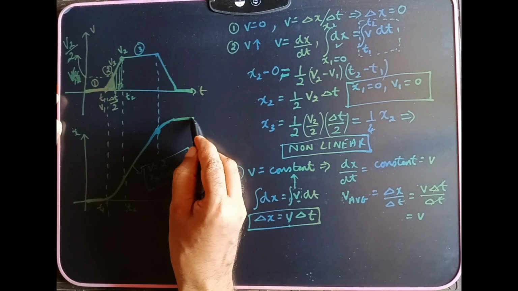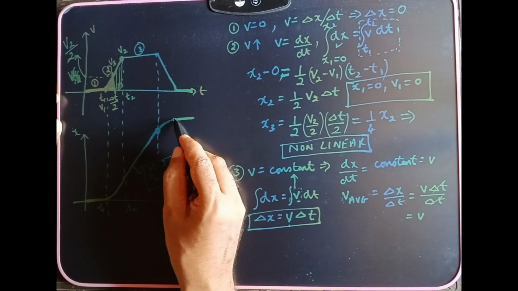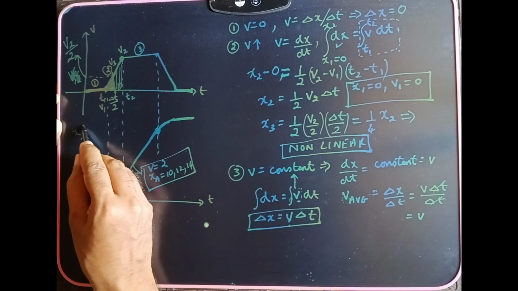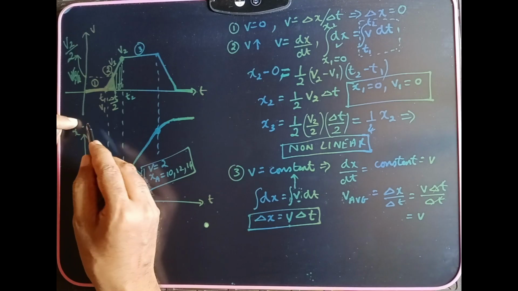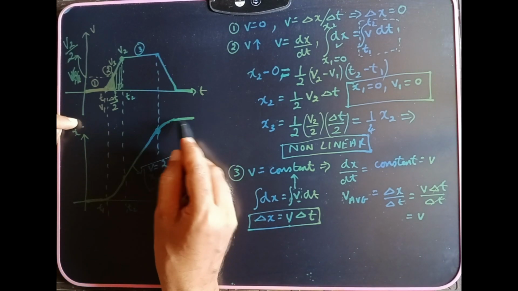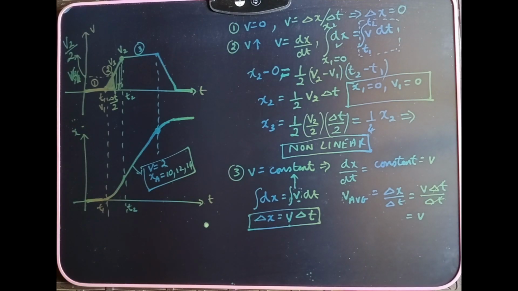That means delta x, even at this position, if I plot x here, I get x1 and x2, both are equal. So x2 minus x1 becomes 0. So that's why there is no change. I hope this is clear. I hope you have understood how to get the velocity time graph from the displacement time graph.